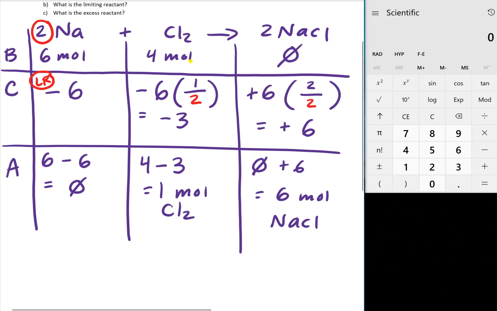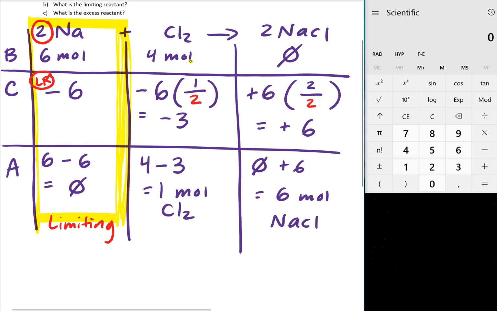Just as emphasis, I'm going to highlight, and I want you to do the same as well. Highlight that limiting column because everything depends upon that limiting reactant. I know that the sodium is limiting because it's the one that's 0 after the reaction. And its coefficient was very important.